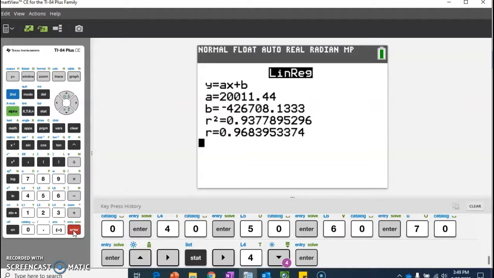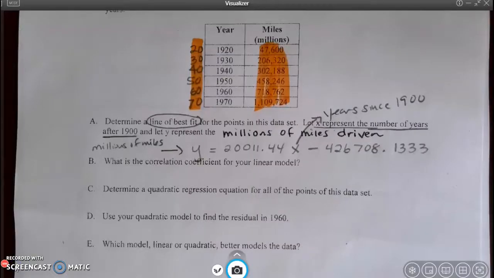Want to remember that x stands for years since 1900, and y stands for millions of miles. So make sure you have labeled your equation. All right, so I've written down my equation and I've labeled it, and x is, again, years.